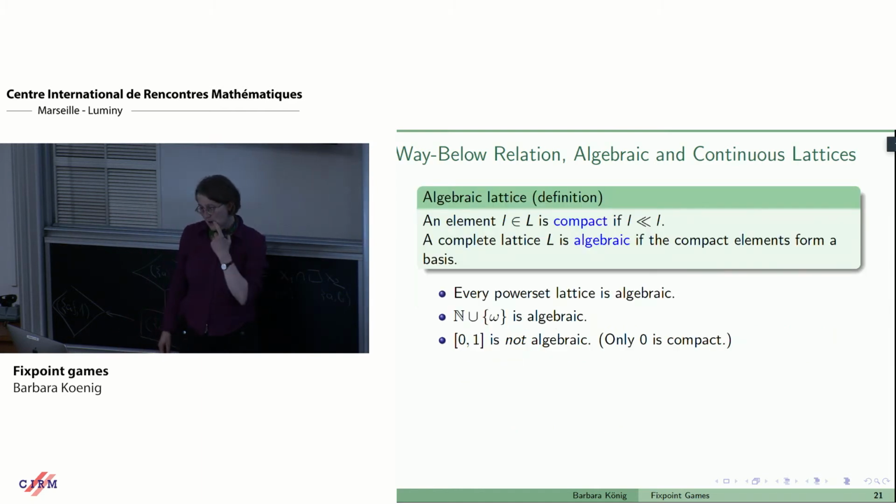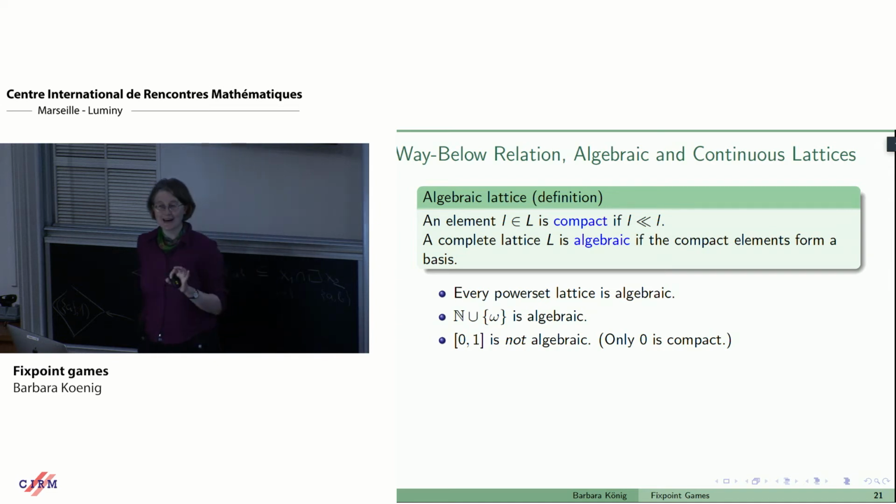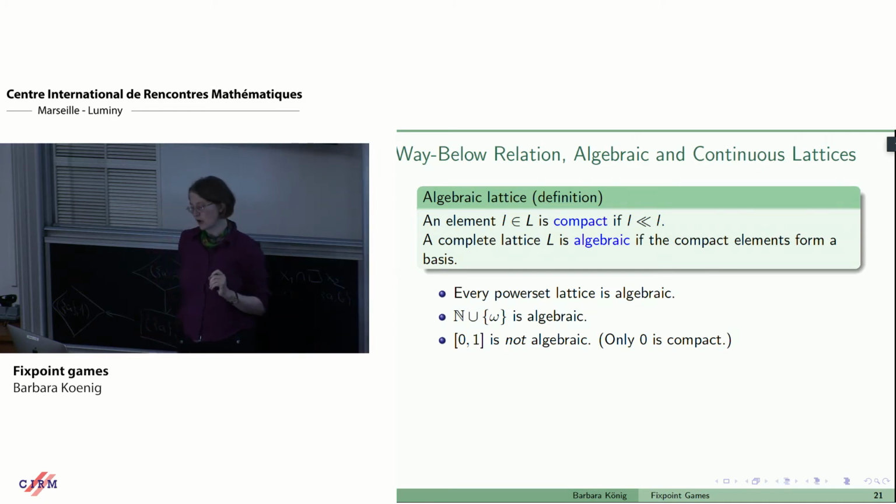Okay, then we'll come to the notion of algebraic lattices. So we give some restrictions for which the game works. An element is compact, this is the terminology there, if it is way below itself. For instance, the natural numbers are way below themselves, but omega is not way below itself. And a complete lattice is algebraic if the compact elements form a basis.